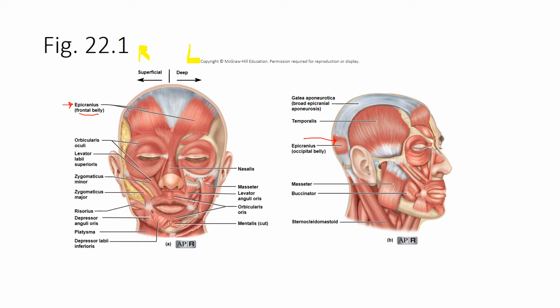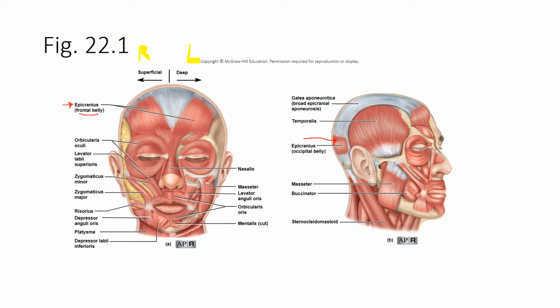Of course, this causes the wrinkles. When you lift your eyebrow, this causes wrinkles in this area, which a lot of people don't like, and usually they inject Botox, which prevents them from doing this, which I really don't understand why. But anyway, this is the epicranius frontal belly, and this one is the epicranius occipital belly.